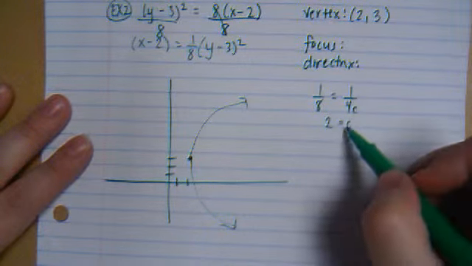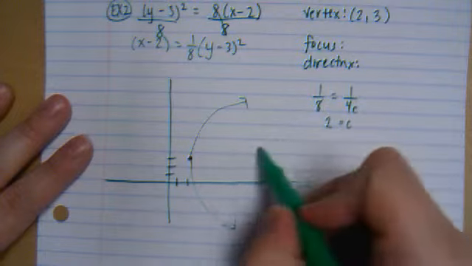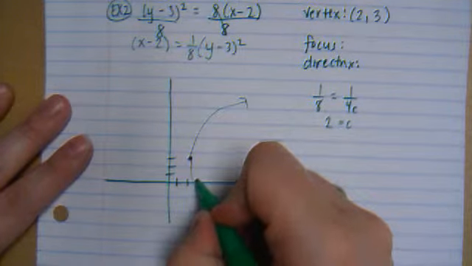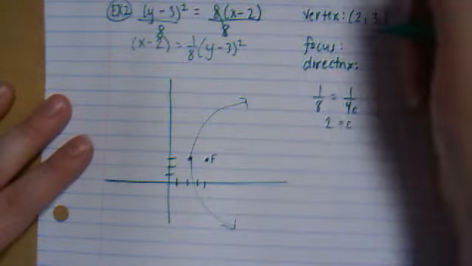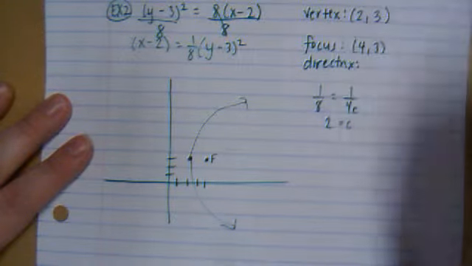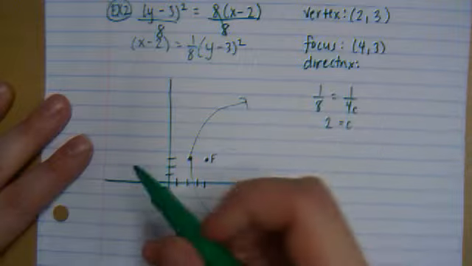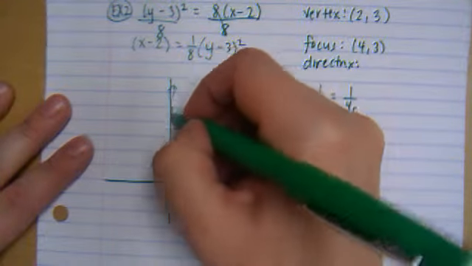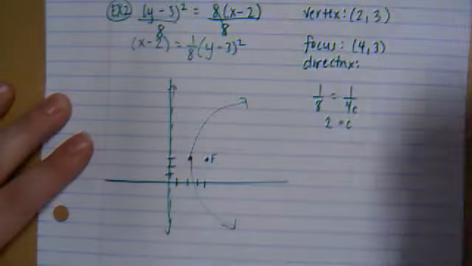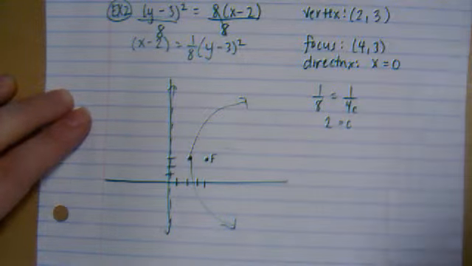So I need to go 2 from the vertex. So if I go over 2, there's my focus. Okay, so the coordinate of that would be (4, 3). The directrix, if I go 2, I need to go 2 the other way. So I need to go left 2, and that is going to be a line. Okay, so that line is going to be x equals 0.